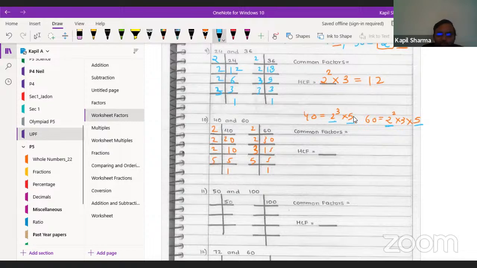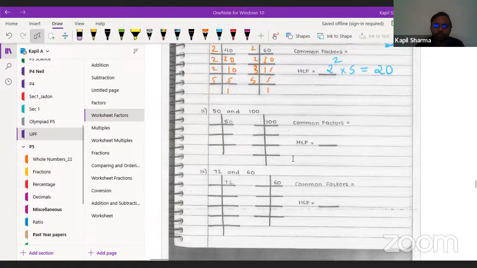So smallest power of 2 is here, 2 square, and smallest power of 5 is 1 only. So 2 square times 5, it's 20. Yes, is this clear, Devika?